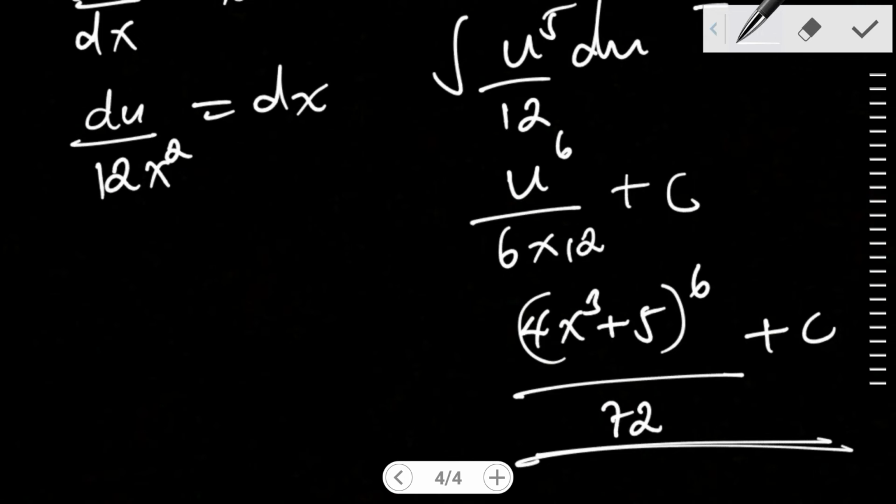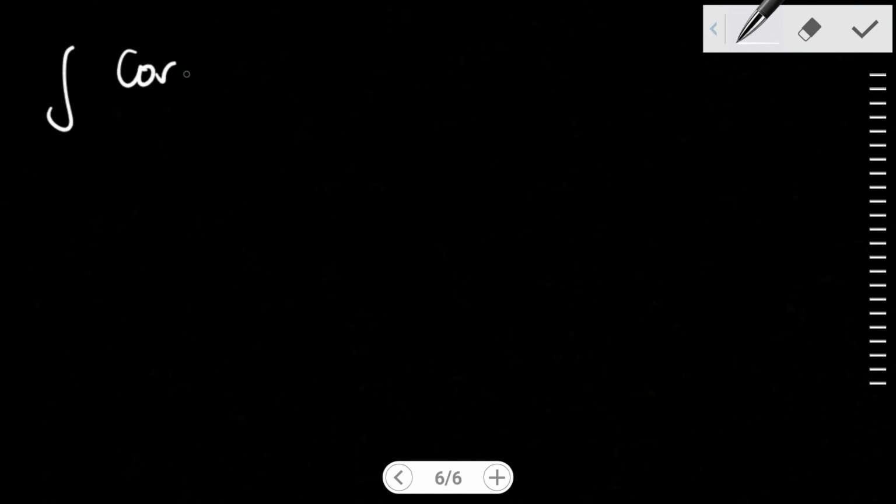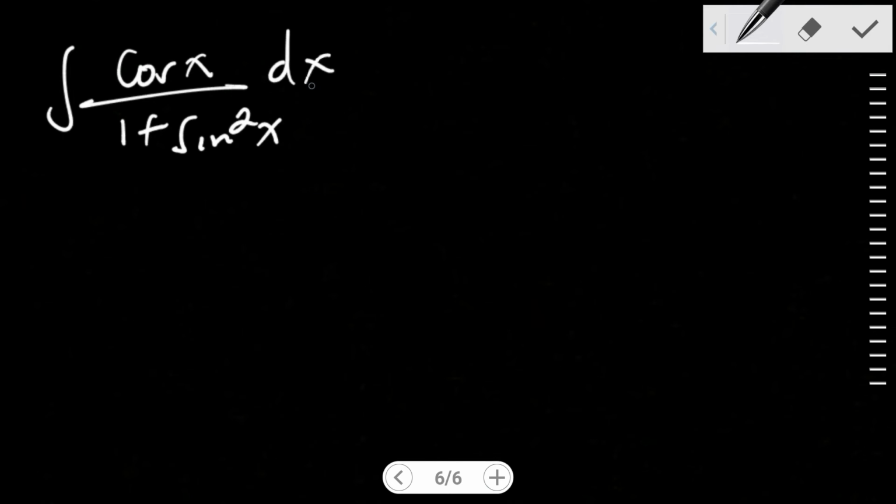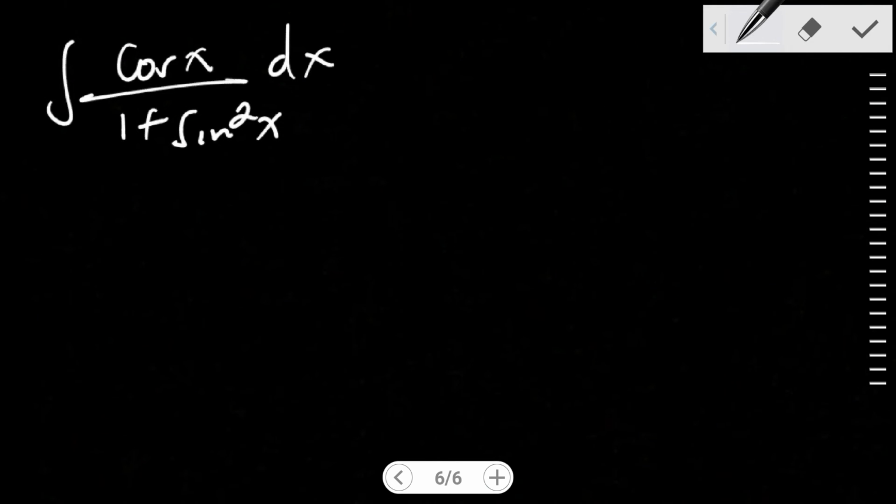And so, cos of x all over 1 plus sine squared x. To work this out with respect to x, what I'm going to do is let u be equal to sine of x.